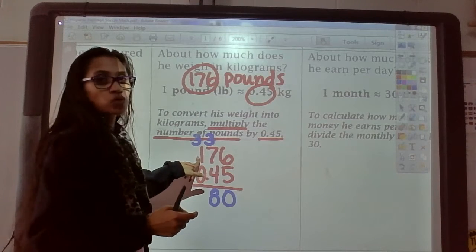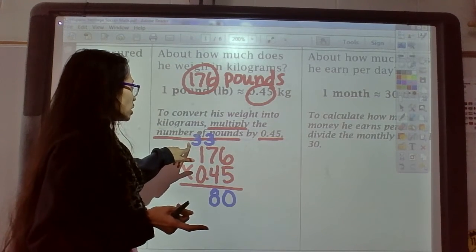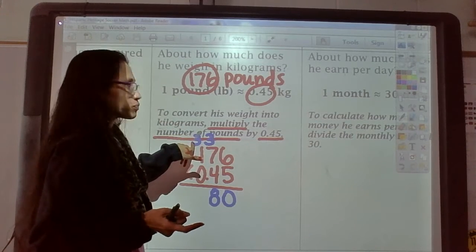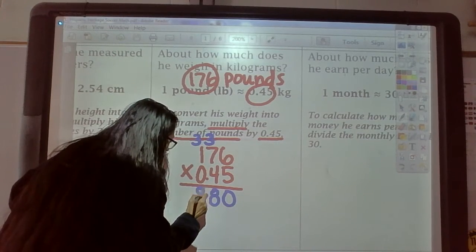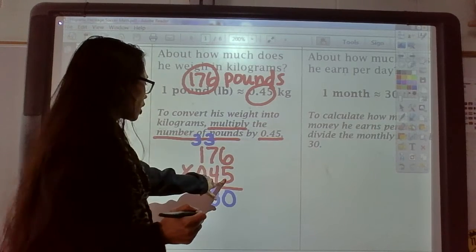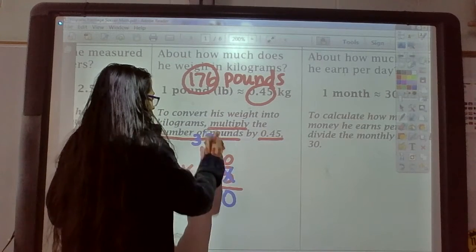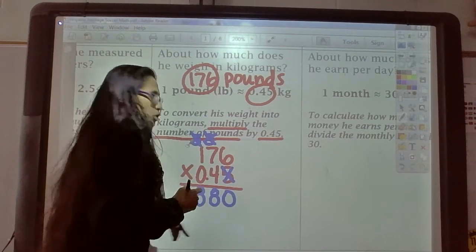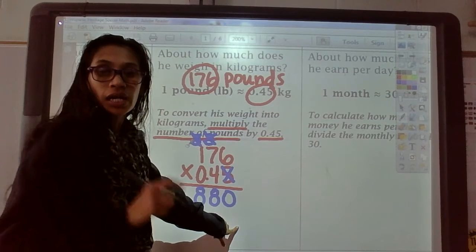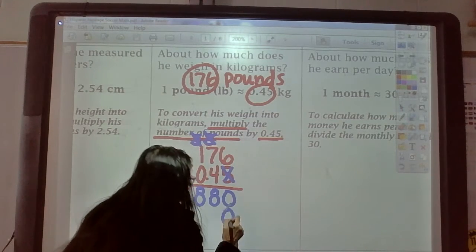And then 5 times 1 is 5, plus 3, 5, 6, 7, 8. Okay, am I done? Make sure I don't mess up like I did the last one. Am I done with that 5? I multiplied everything? Yes. Cross it out. I'm done with you. And what do we put right here? A placeholder.